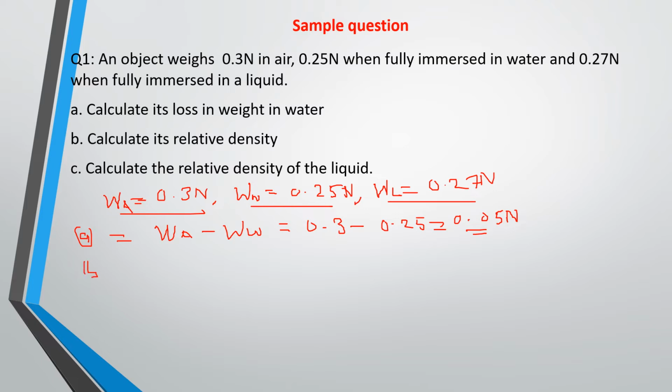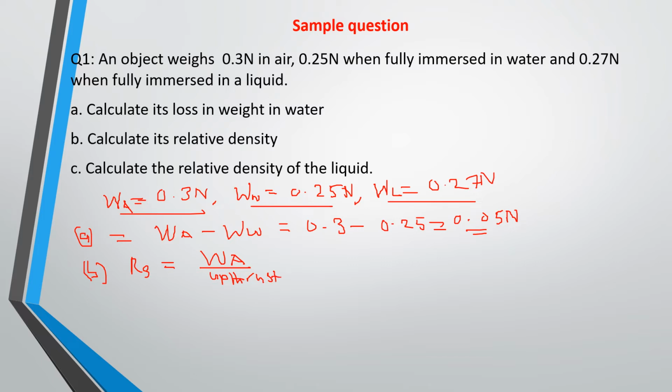Then the B part of the question is that you find the relative density of the solid. Okay, so for you to find the relative density of the solid, you write the equation as weight in air all over upthrust, or all over loss in weight. Remember I said that the loss in weight is equal to the upthrust.